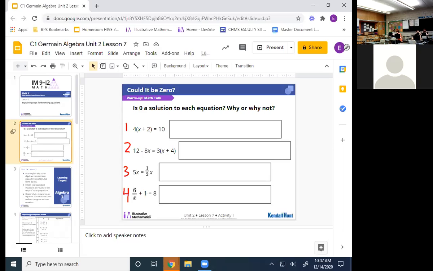Let's take a look at these guys for this one here. I have some friends in the chat giving me answers. If we look at number one, Max said no, Abby also said no, Gabe also said no. Kyle, what were you thinking for number one? Do you agree with this idea of no? Yes. And why do you think that?